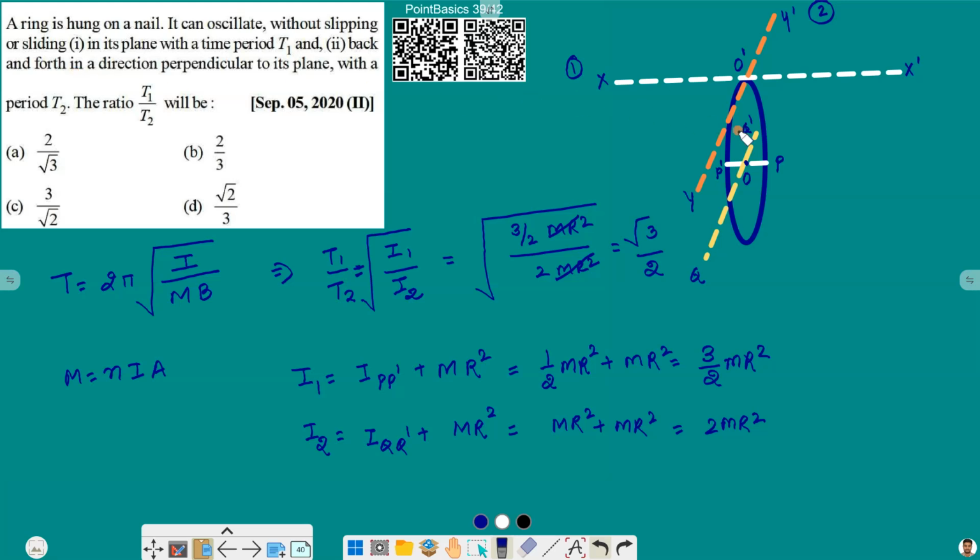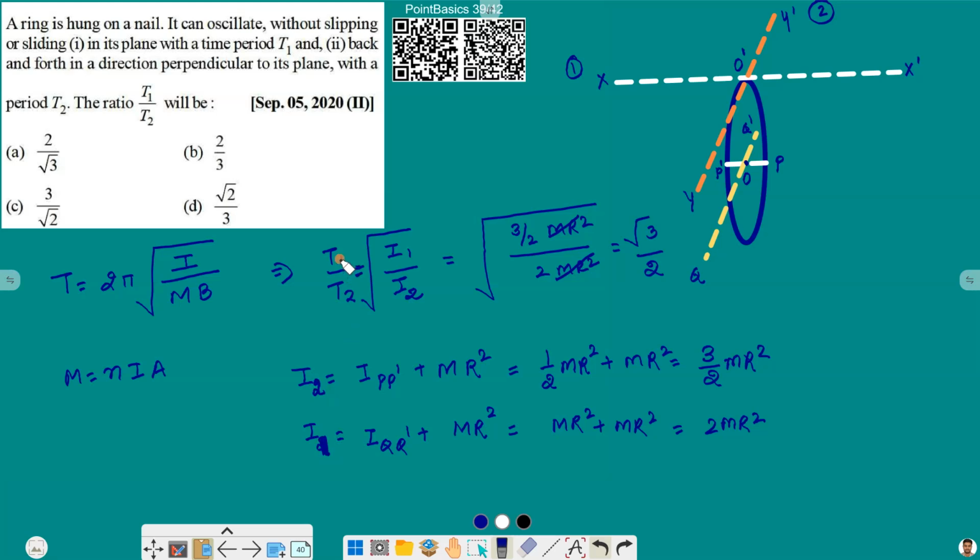Okay, so it is oscillating about XOX, such that it is oscillating in the z axis. So it is coming out of the screen and going into the screen. So that will be our I1. So what we saw before is actually I2, and that is I1.